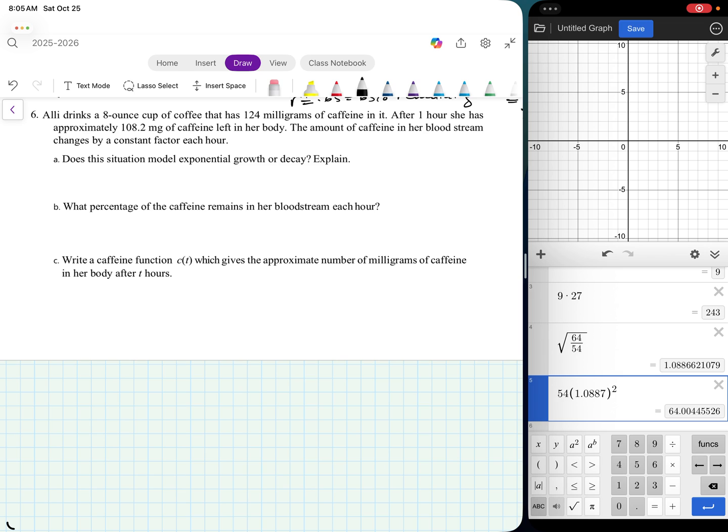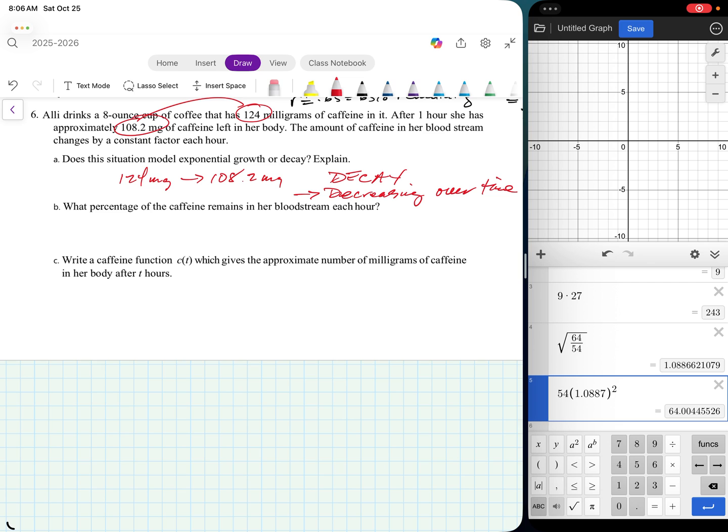Does this situation model exponential growth or decay? Going from 124 milligrams to 108.2 milligrams, that is a decay situation, because it's decreasing over time.